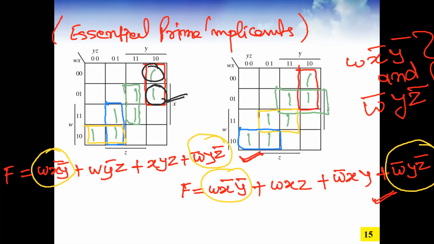So the rule is this, and I am repeating again: in a group, what we call a prime implicant, if you find any minterm that cannot combine another way, or cannot combine with any other group, even a single such minterm in the group, then that group becomes an essential prime implicant.